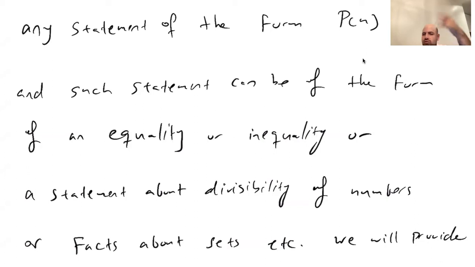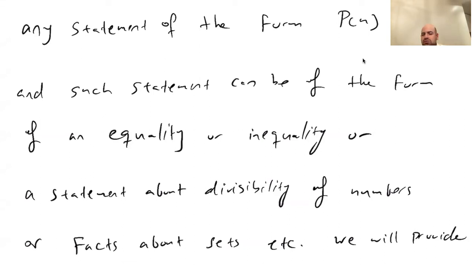But of course, we can have so many more types, as long as we have a statement that includes an integer n. It could be about matrices, for example, the product of n matrices having a certain property, or, for example, n by n matrices. You will see in linear algebra the size of matrices, let's say square matrices, n by n, where n is an integer.